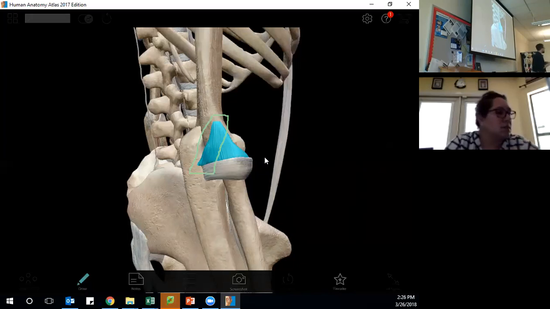Okay, so consider them two separate ligaments, because you can damage them independent of one another. So this one tends to get damaged when we have a dislocation of the elbow. The lateral ulnar collateral ligament will get damaged with the dislocation of the elbow.